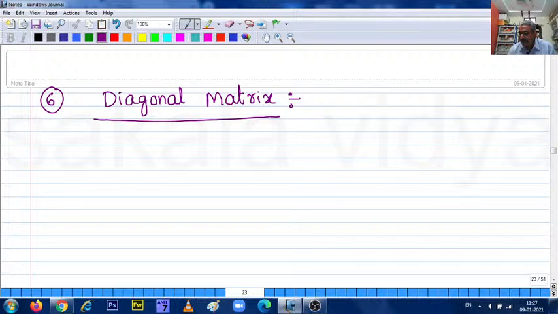Anybody? So diagonal matrix is absolutely a square matrix only, in which all the elements of a square matrix are zeros except in the principal diagonal. That means only the principal diagonal elements are present, the rest of the elements are zeros. Then that is called a diagonal matrix.